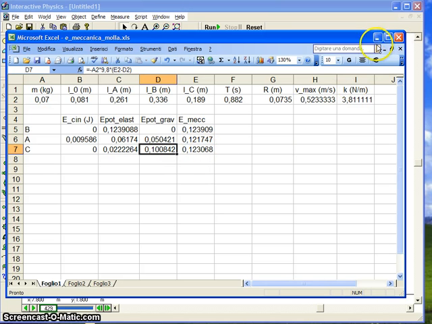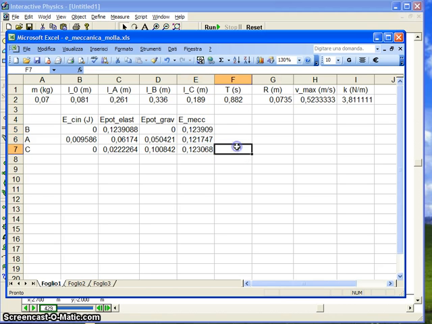In this experiment, that was my experiment, actually we have almost the same value because we have to consider the errors.